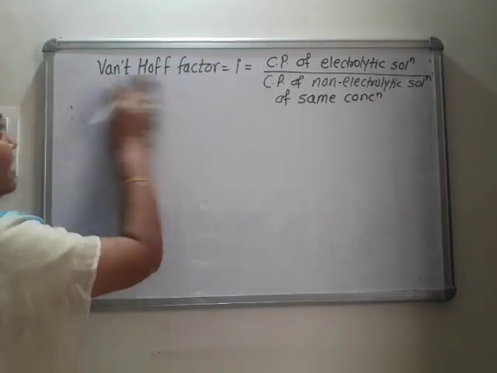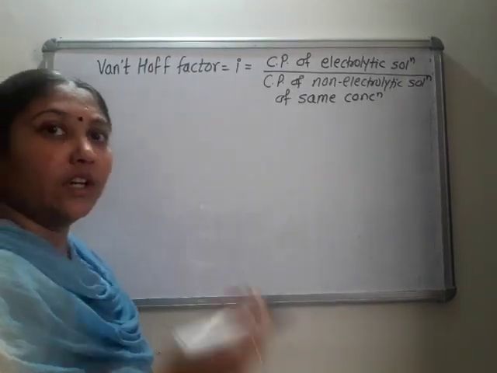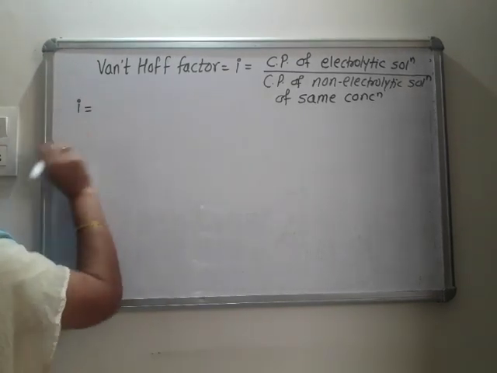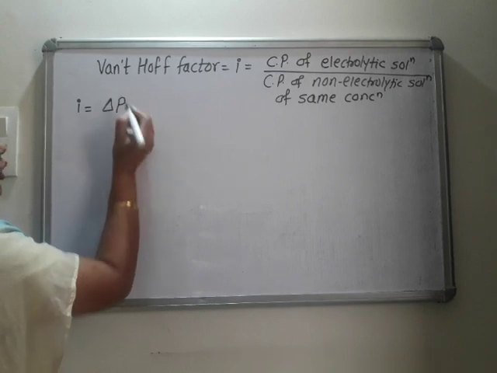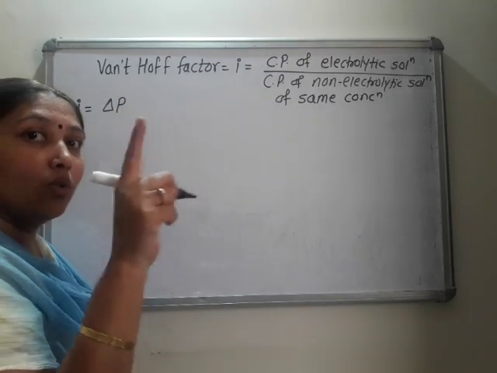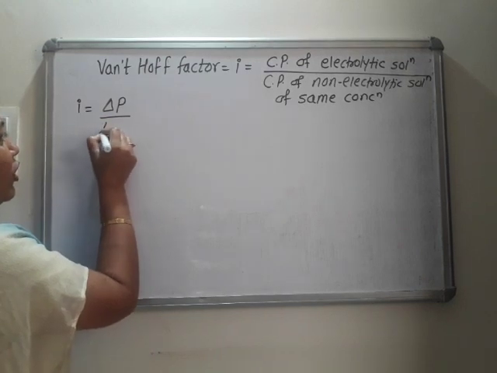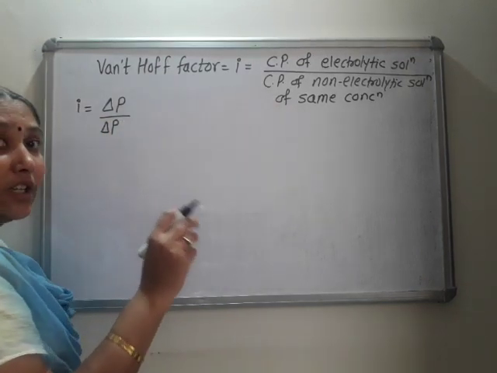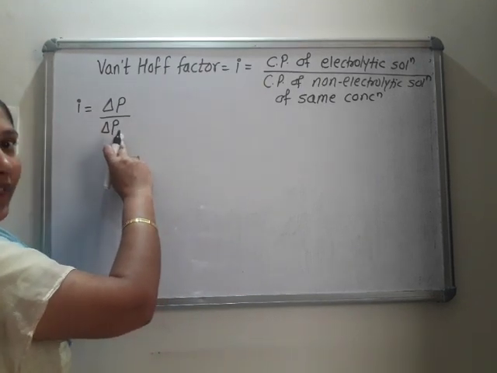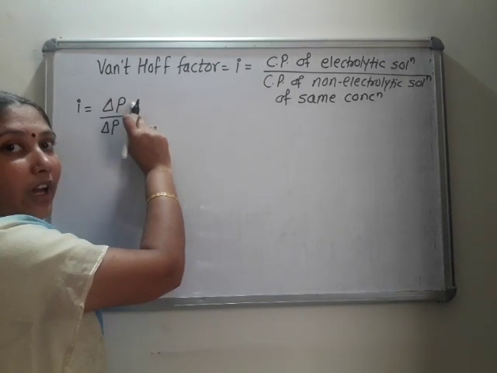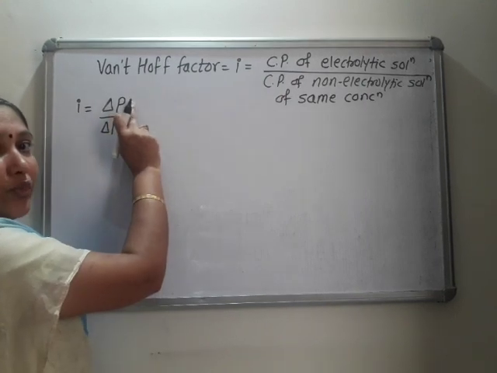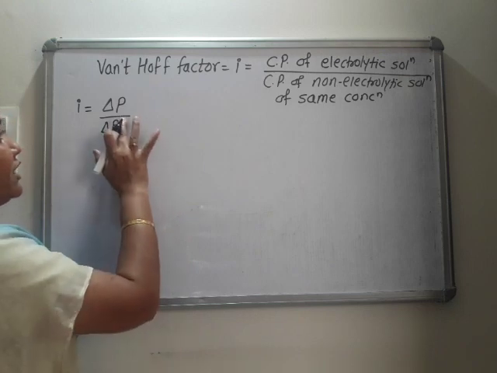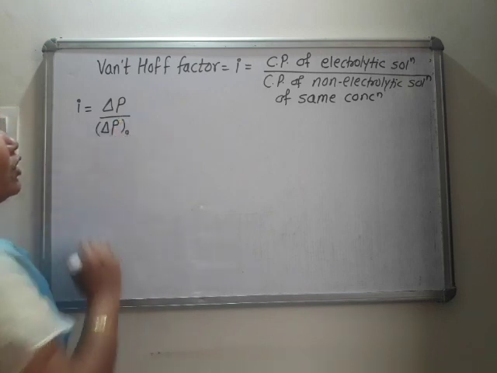What does it mean? See, the first colligative property we studied was lowering of vapor pressure. So we can say i is equal to the lowering of vapor pressure due to electrolytic nature upon the lowering of vapor pressure due to non-electrolytic nature. This is the observed value, and this is the theoretical, standard, expected value, so they have written it with a naught.